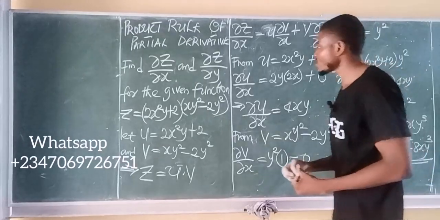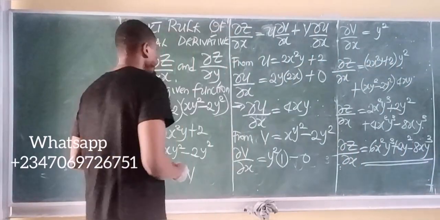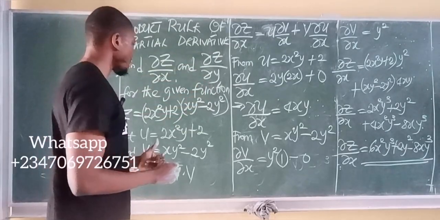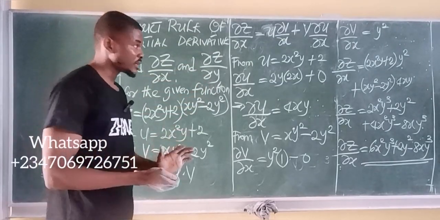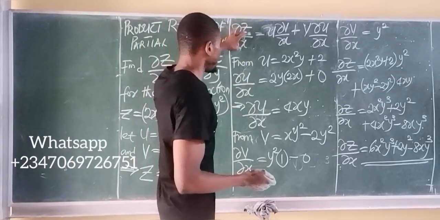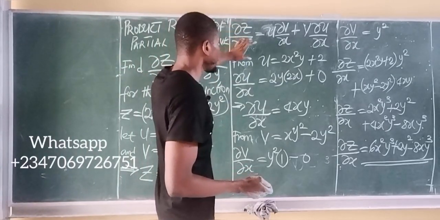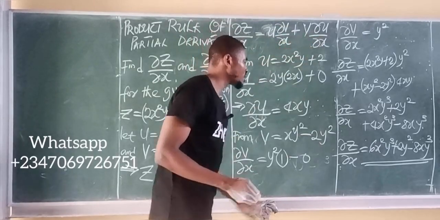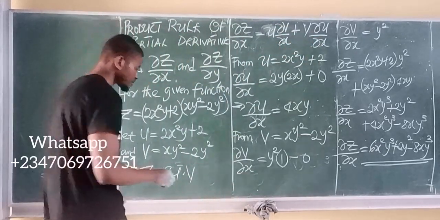All right, so the second part of the question says find the partial derivative of z with respect to y. So it means we have to now change the order of the formula. No longer going to be partial z partial x, but partial z partial y. That means it becomes partial v partial y, and this becomes partial u partial y. Let's try it and see.